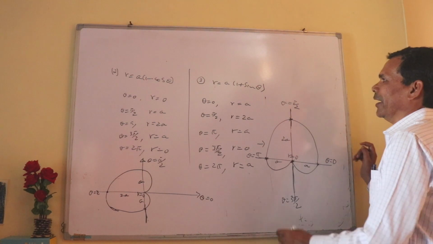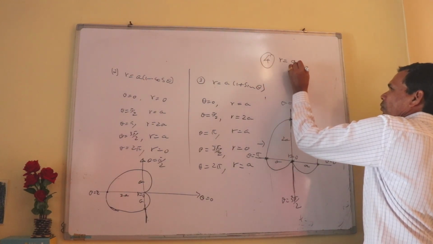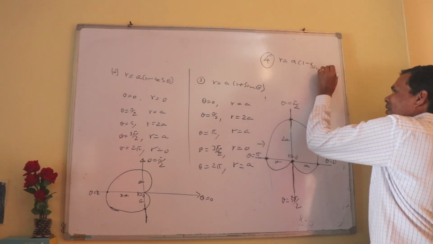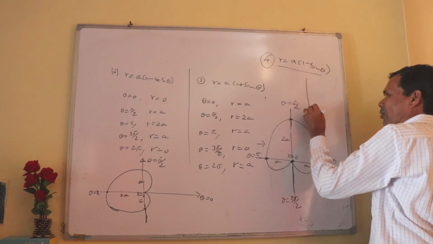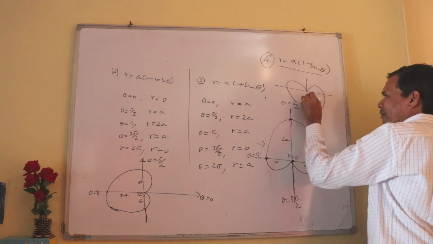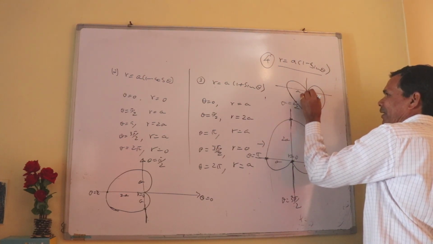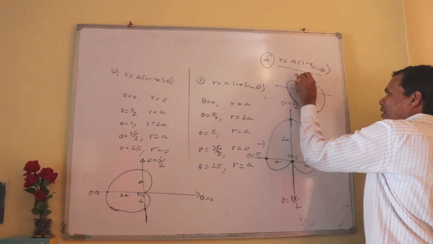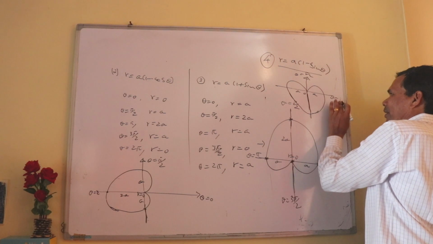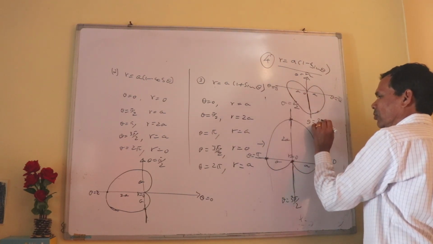Now similarly you can have the fourth curve, r is equal to a into 1 minus sine theta. Naturally, if you take the limits and just work out, it would be something like this. If you just take it inverted to this particular form, a, this is pole, this is theta is equal to pi by 2, this is theta is equal to 0, this is theta is equal to pi, this is theta is equal to 3 pi by 2.